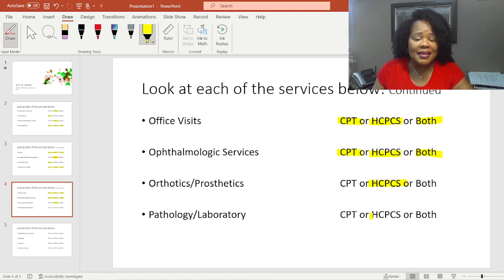In that case, that is a HCPCS for the supply, the tubes, the lab work that's being done. But pathology, the pathologist is a licensed MD. That's a CPT. So I would capture that with both CPT or HCPCS, depending on which side you're coding. Are you coding for the lab or are you coding for the pathologist?